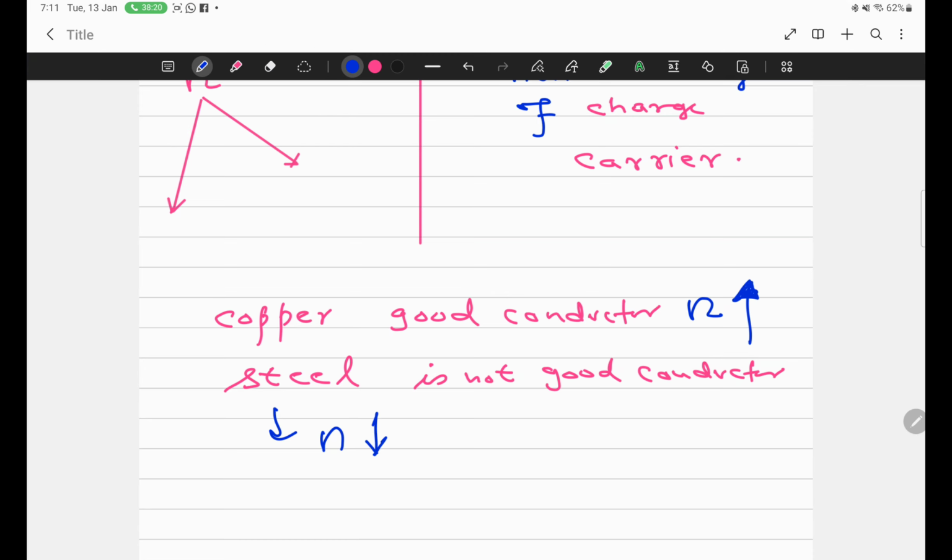If the number density is low, then obviously steel contains fewer free electrons per unit volume. So the availability of free electrons in copper is high, and the availability of free electrons for the conduction of current in steel is low. So copper is a good conductor and steel is a poor conductor.